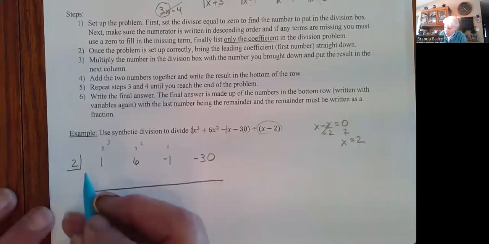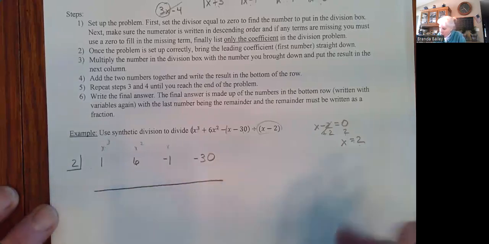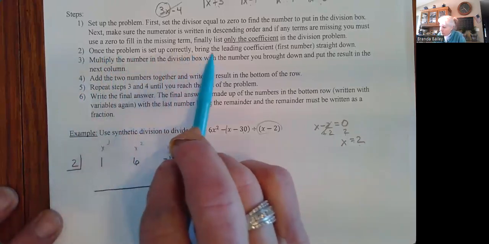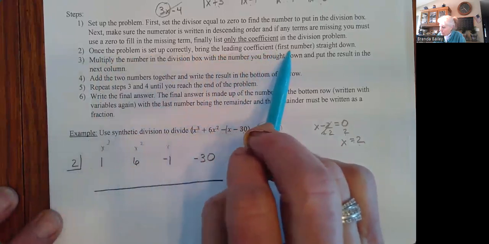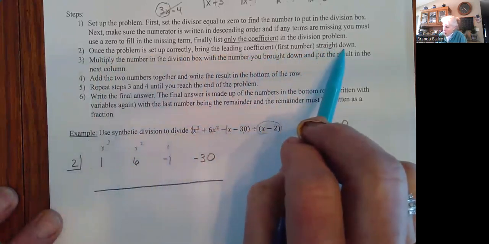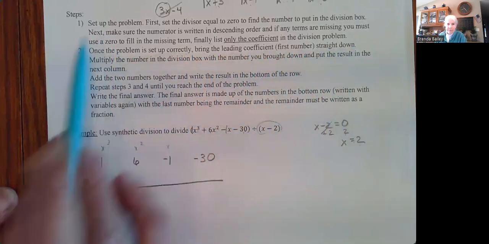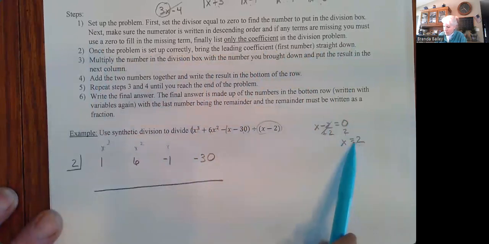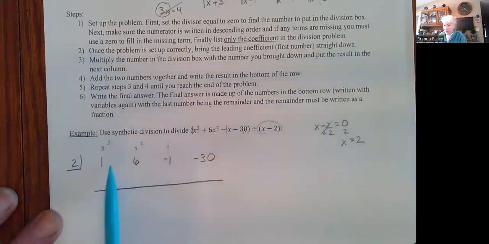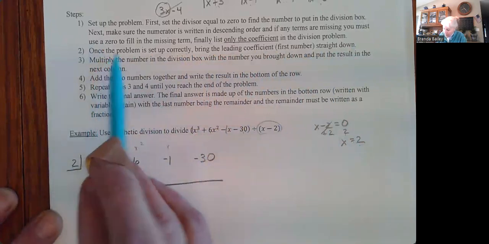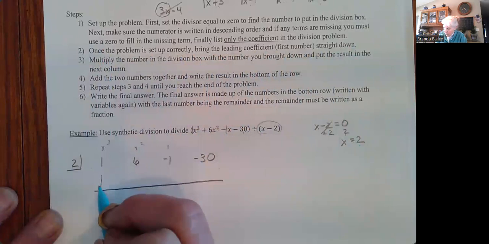So now to start the problem. Once the problem is set up correctly, bring the leading coefficient, the first term, straight down. So all we've done is step one. We found out what to put in the box, and then we listed the coefficients. Now, step two, bring this straight down without anything.